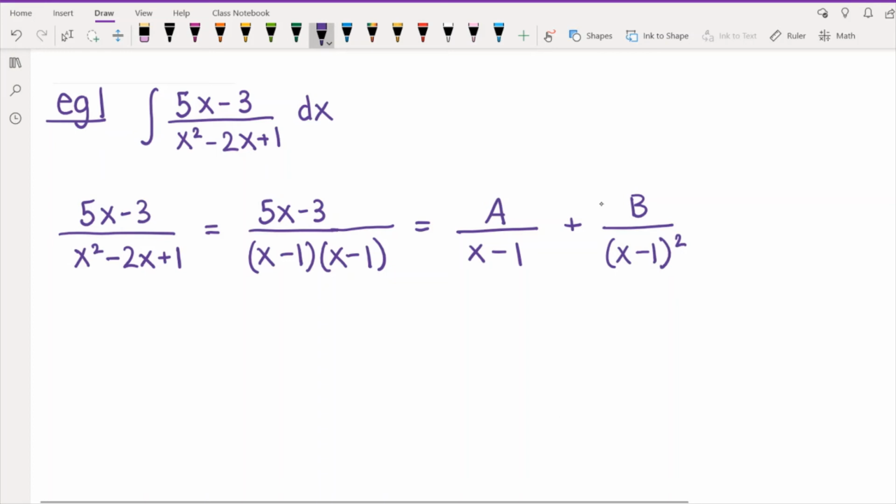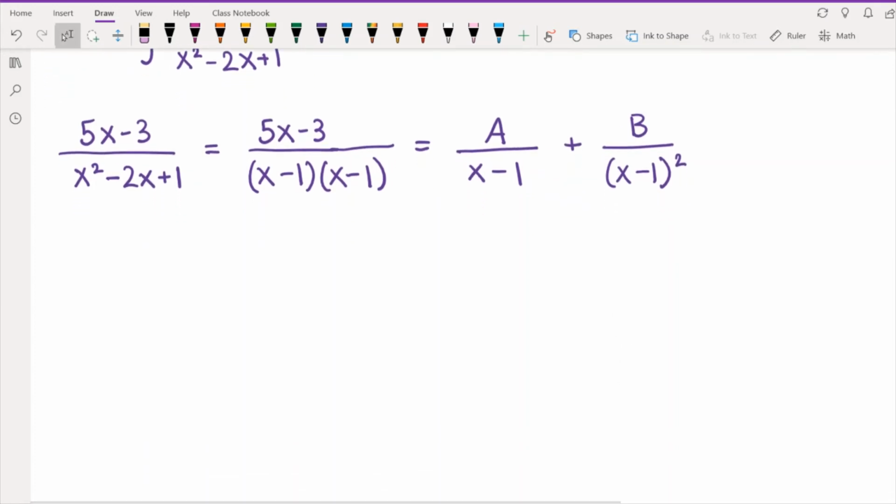So if this had been, let's say that there was a third one here, then you would have to actually say plus c over x minus 1 cubed. So however many factors you have repeated, you need to include that many possible fractions that it could come from. We're probably not going to see more than 2, to be honest, but just so you know that if there were 3, you would do 3. If there were 4, you would do 4, and so on.